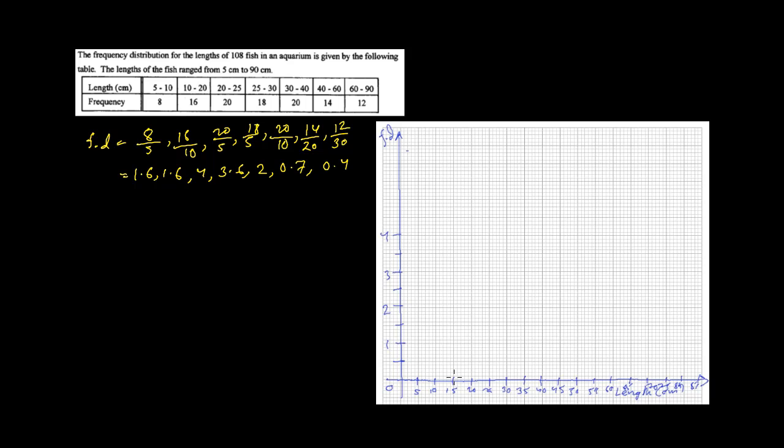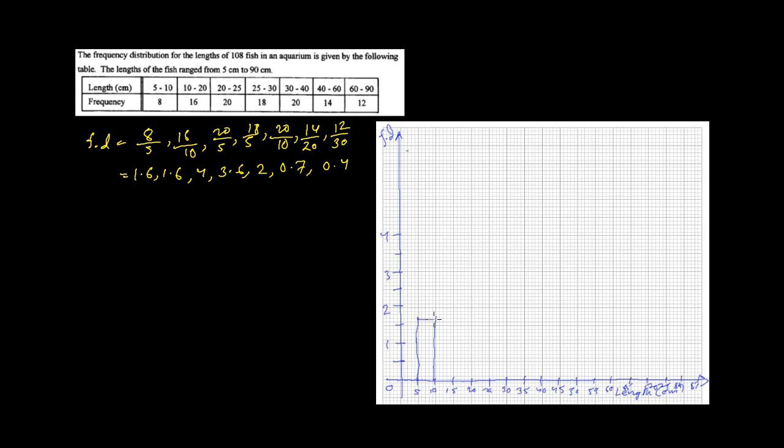This is extremely important. Since we have no gap here, the class boundary is the limit. So 5 is the class boundary, 10 is the class boundary. There is no need to do continuity correction because there is no gap here. So the height is going to be 1.6, from 5 to 10.